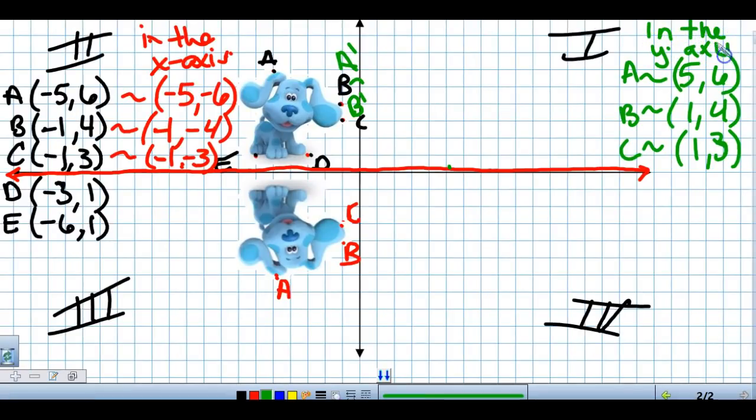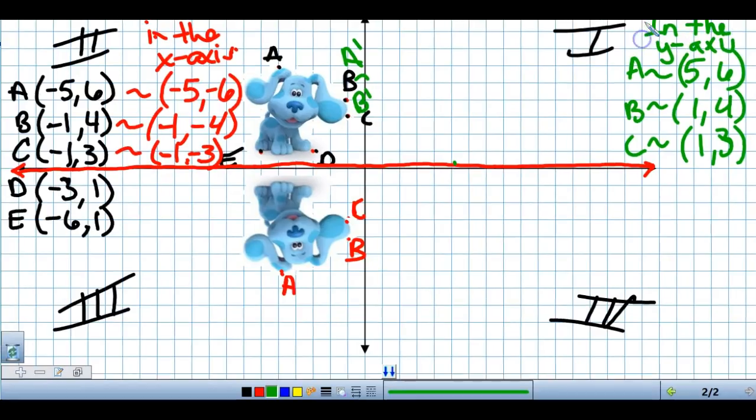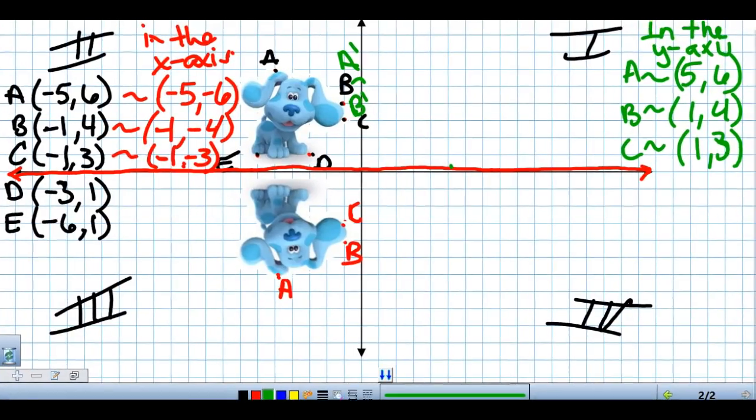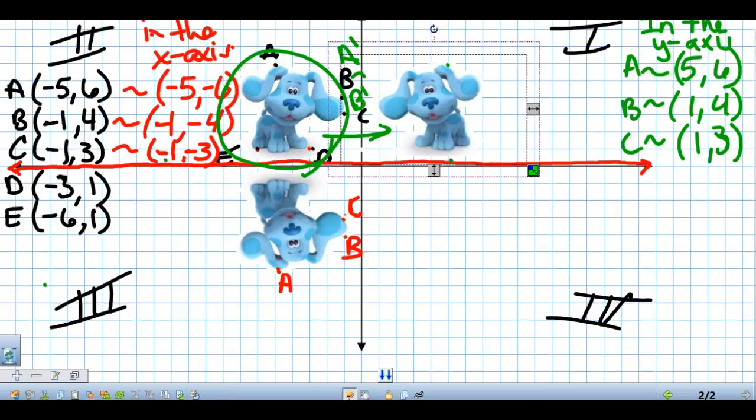The y-axis. All right. And this is where that figure would simply flip, but instead of flipping vertically like it did, it'll flip horizontally. So where blue looked like this, she is now going to look like this. Okay?